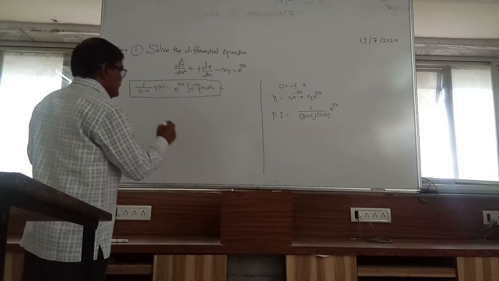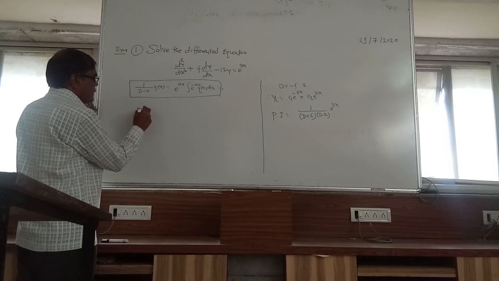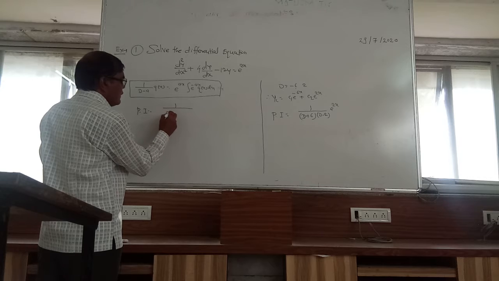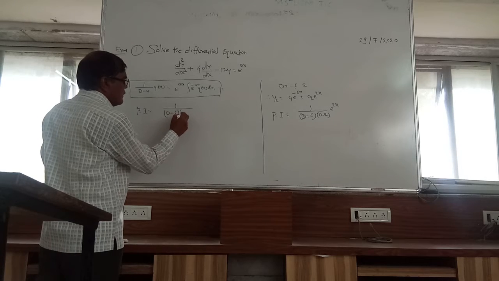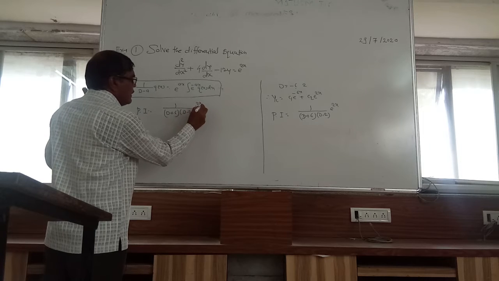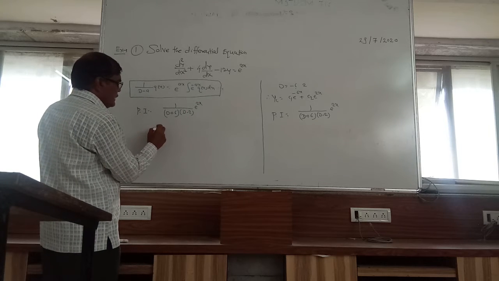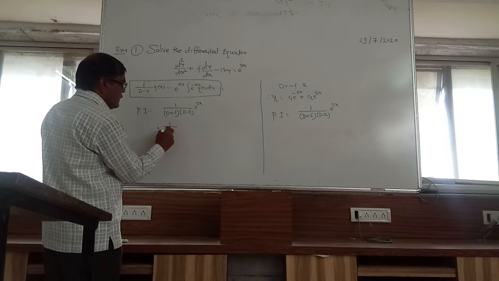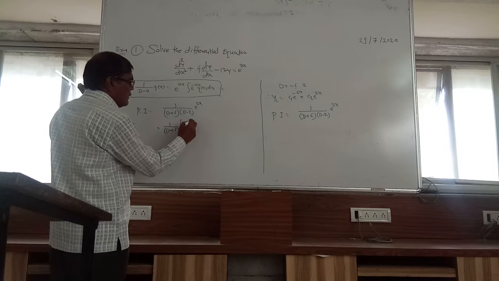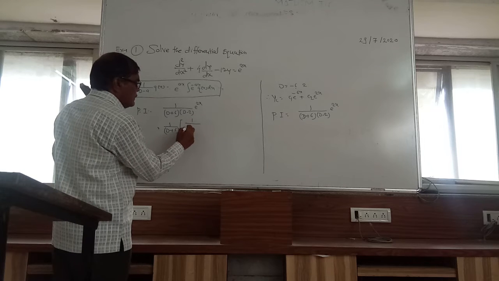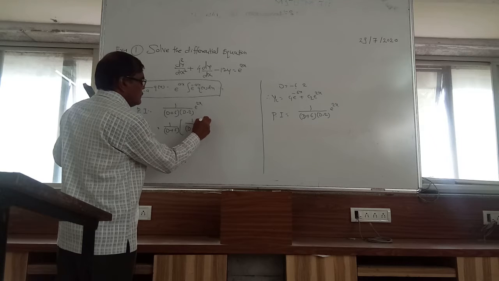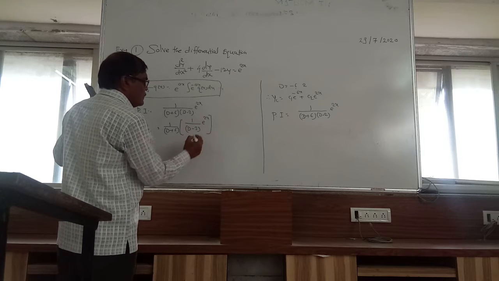So the particular integral is 1 upon D plus 6 into D minus 2 of e raised to 2x. We take the factor D plus 6 and operate on e raised to 2x with the factor 1 upon D minus 2.